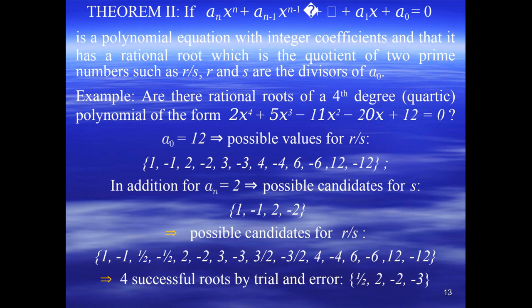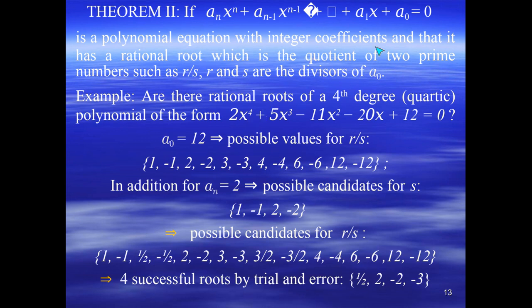So here we have a polynomial equation with the coefficient of the highest term different from 1. It's a_n. This equation can probably have some fractional roots, some solutions as fractions. And how shall we know? Where shall we look for them?